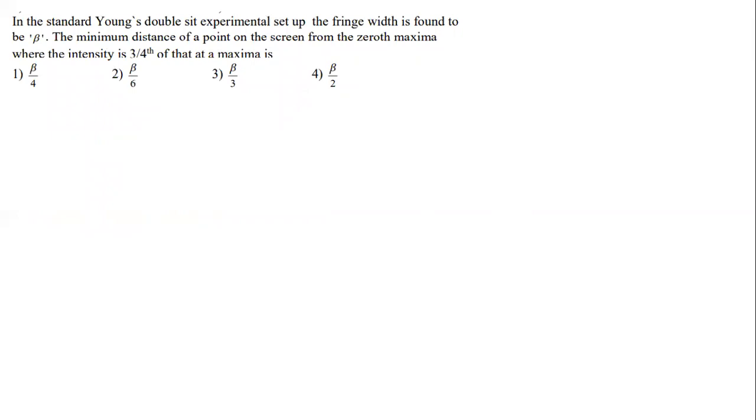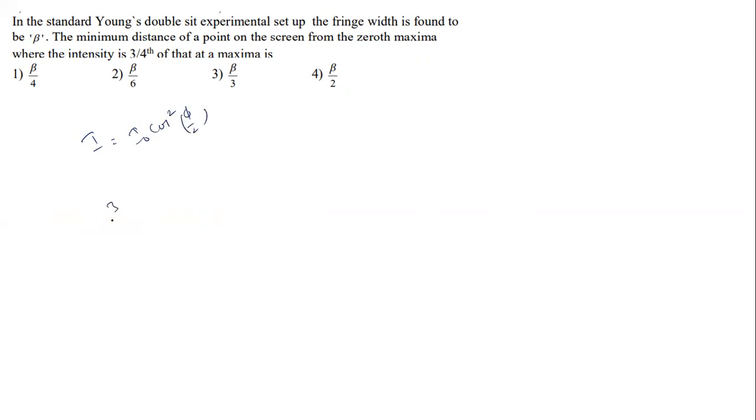Next, in the standard double slit experiment setup, the fringe width is found to be beta. The minimum distance of the point on the screen from the 0th maxima where the intensity is 3/4 of the maxima. For equal amplitudes, we have the intensity formula I naught cos square phi/2. Am I correct?